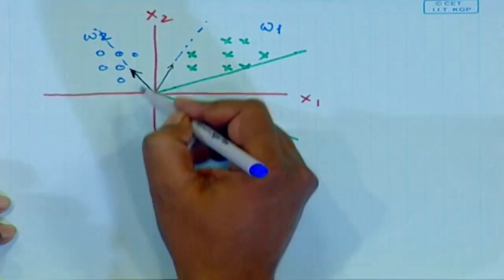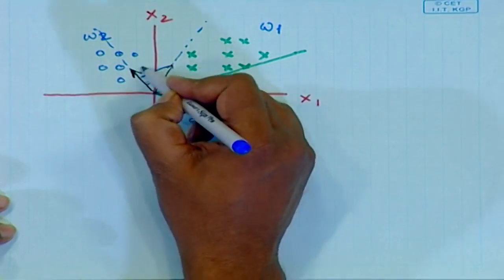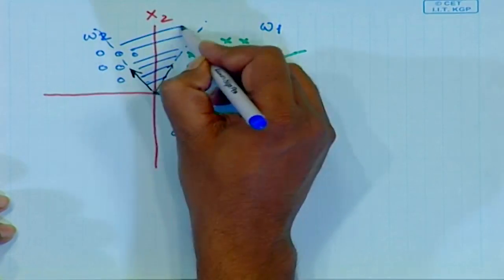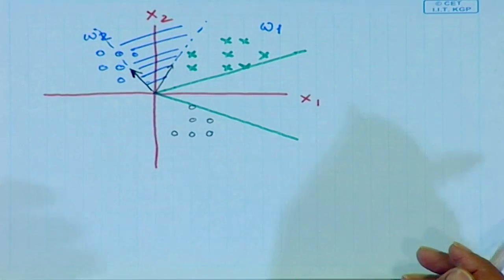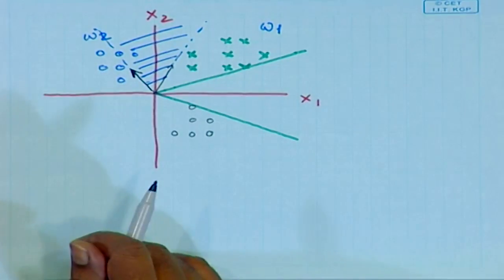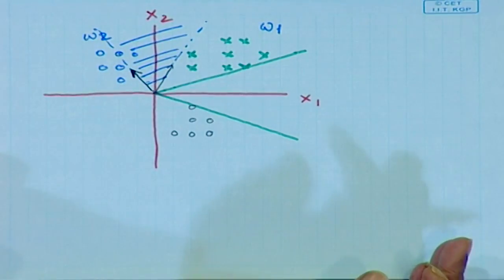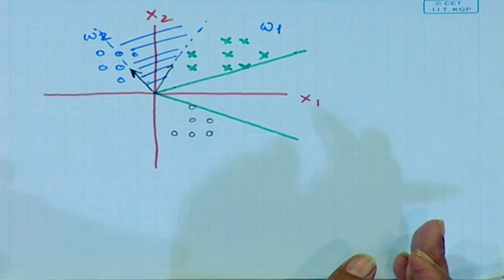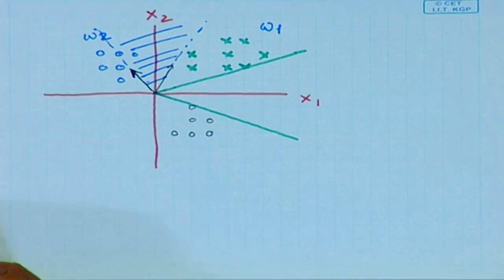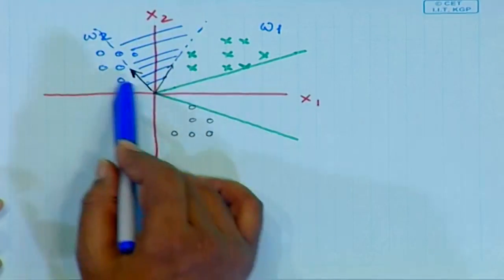So, I have a conical region like this, where any weight vector within this conical region is going to serve my purpose. This is my solution region.